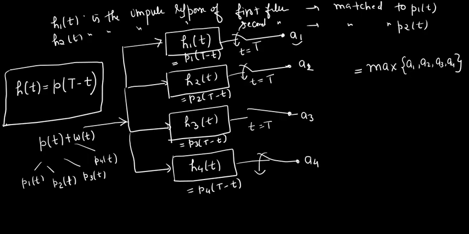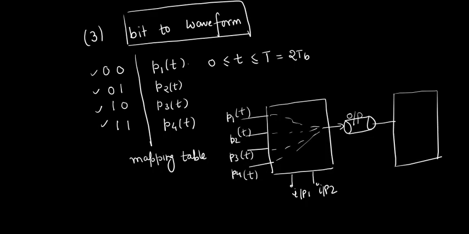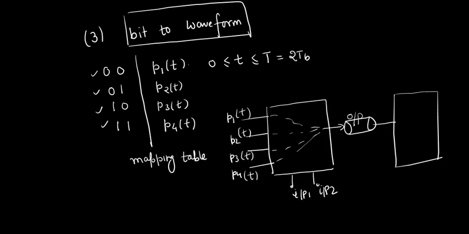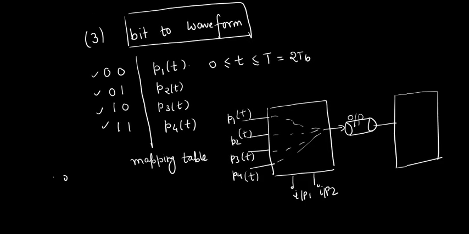So, as you can see here, the number of filter banks is proportional to the number of waveforms. So, if we take 3 bits at a time, there will be 8 combinations and 8 different waveforms.